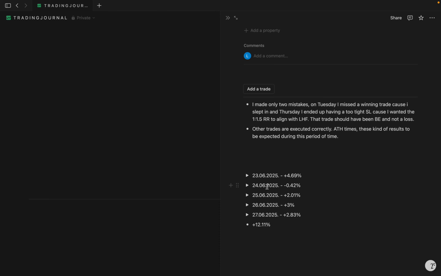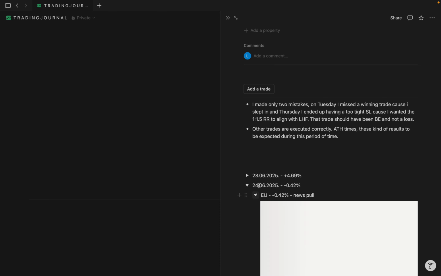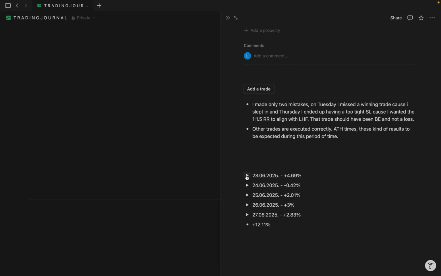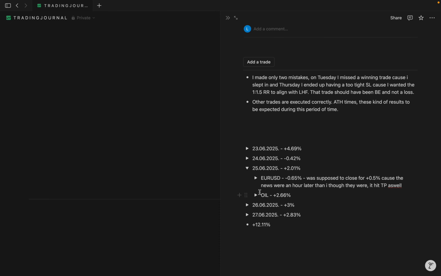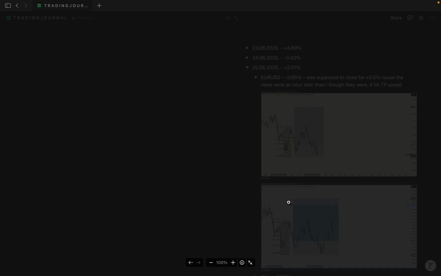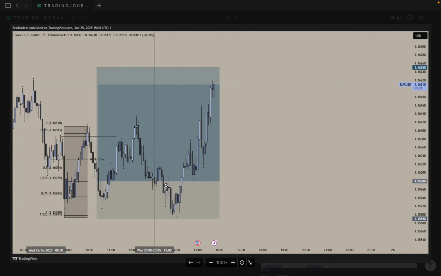So yeah. Then on here we had an EU trade, basically had to pull out because news were coming close. On Wednesday we had two trades. This one I accidentally exited the trade right here, somewhere around here, for minus 0.65 when I shouldn't have, because the actual news event was right here at 3.